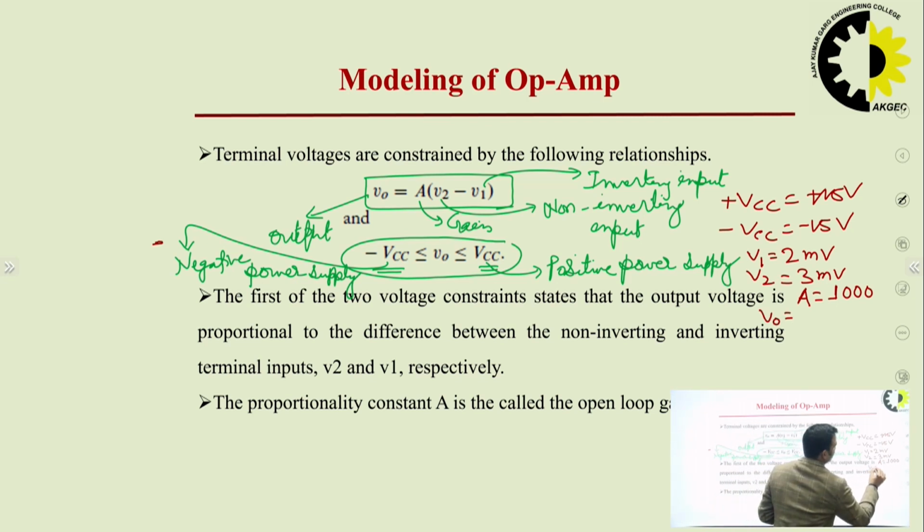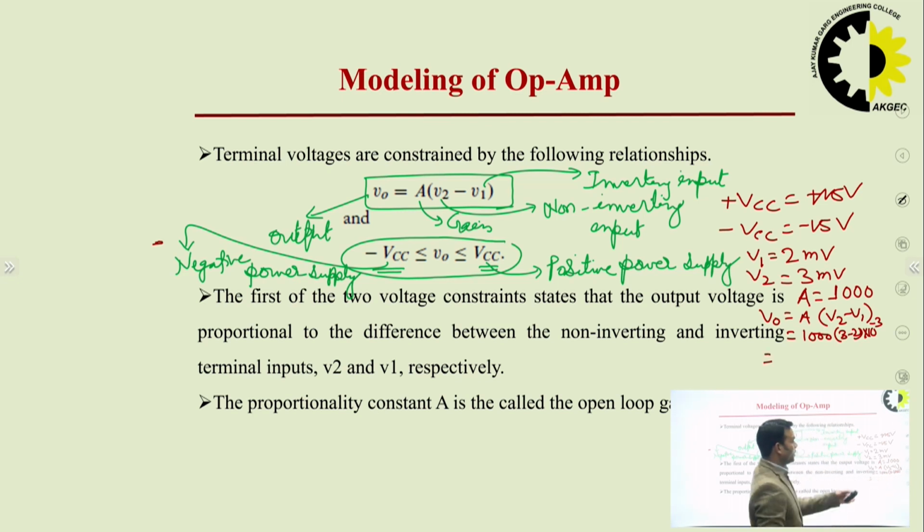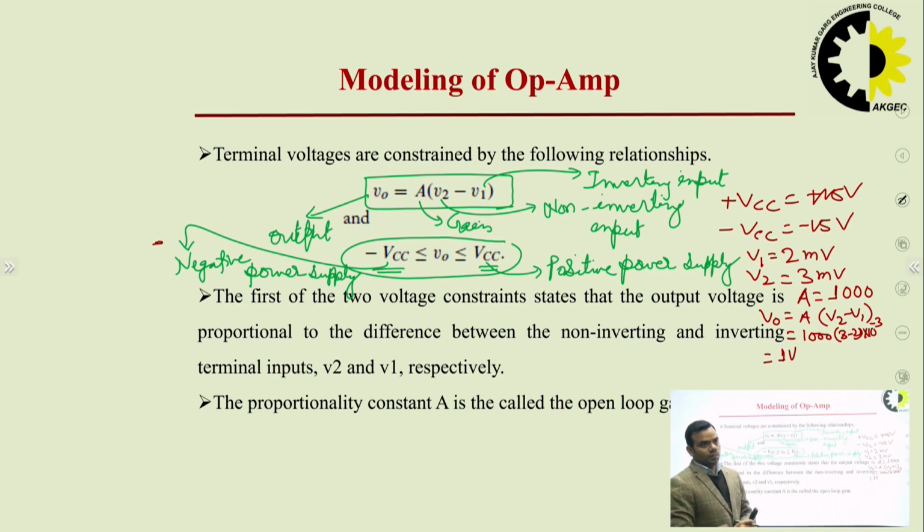The output will be equal to A into V2 minus V1. So output will be equal to 1000 multiplied by 3 minus 2, means 1 millivolt. That means it will be equal to 1 volt.